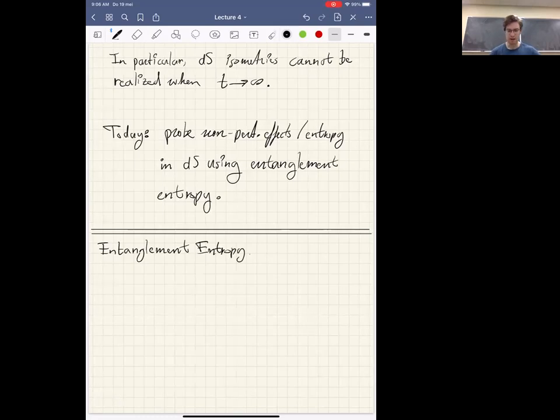The first thing we can do is forget about gravity for a moment. Let's say we're working in quantum mechanics, or perhaps slightly more complicated, a quantum field theory, and we have some particular state psi.